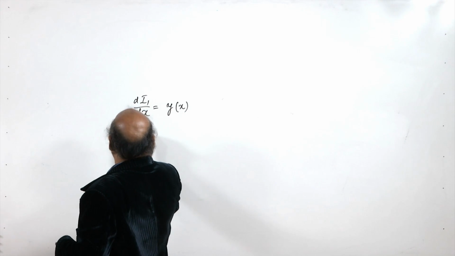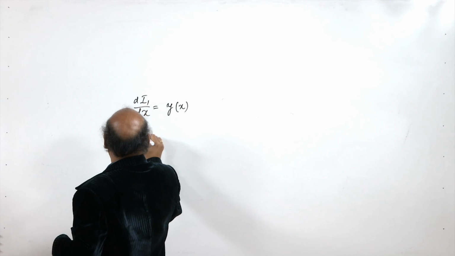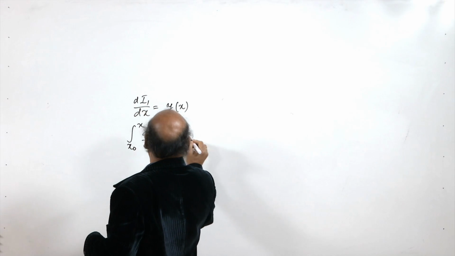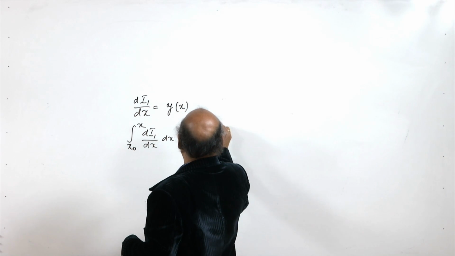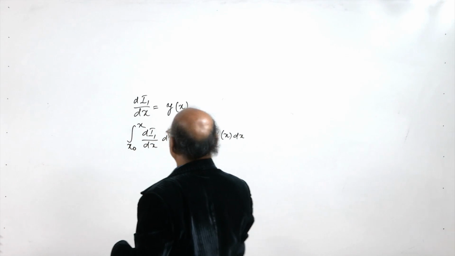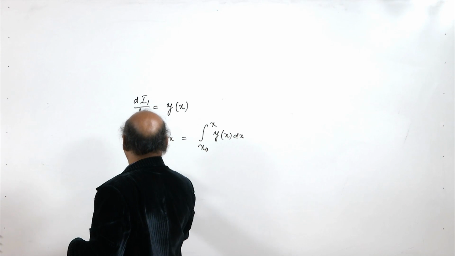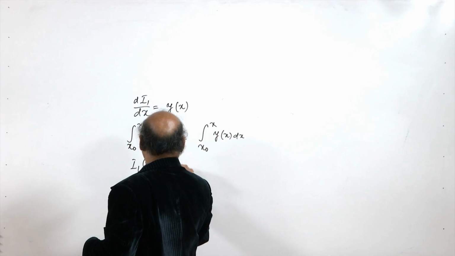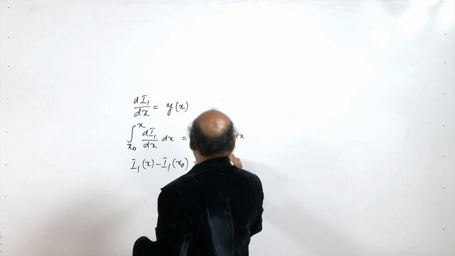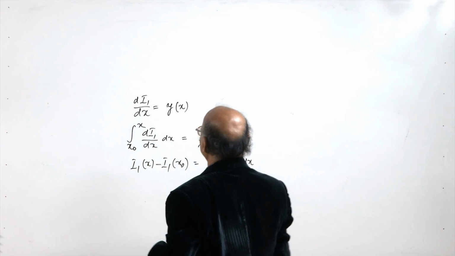So, when we integrate over x naught to x, what we get is this, and dI_1 over dx, when we integrate we get I_1(x) minus I_1(x naught) equal to the integral from x naught to x of f(x) dx, but I_1 at x naught is equal to 0.